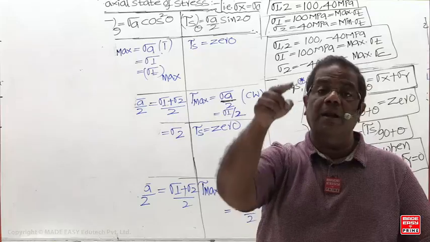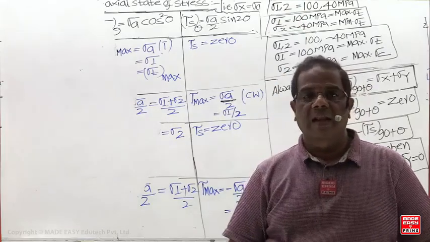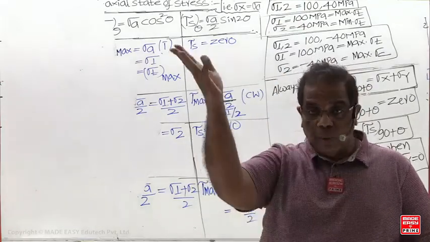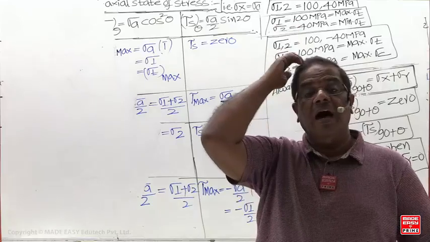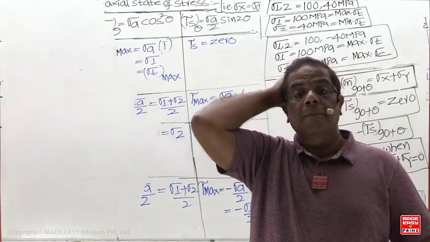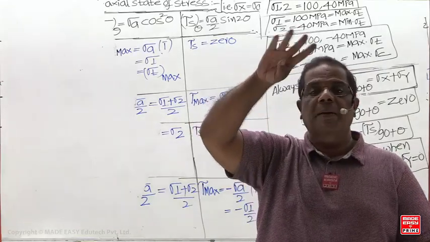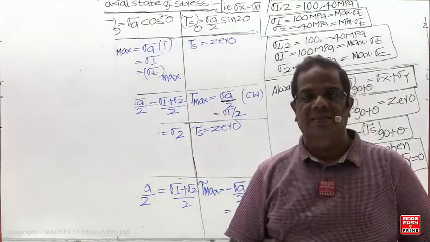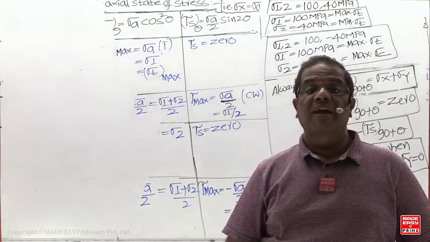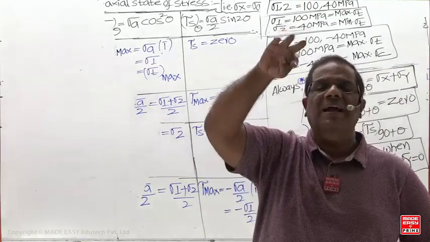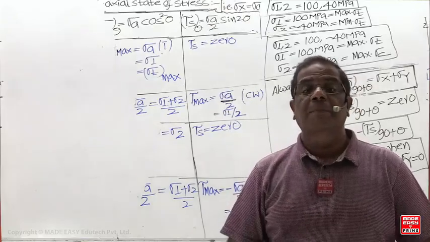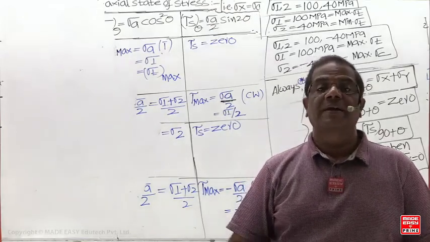On which plane the normal stress is tensile. Out of the two principal planes, the one where you get the maximum tensile stress is the fracture plane for brittle material.